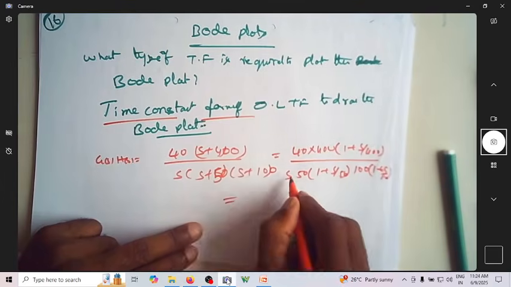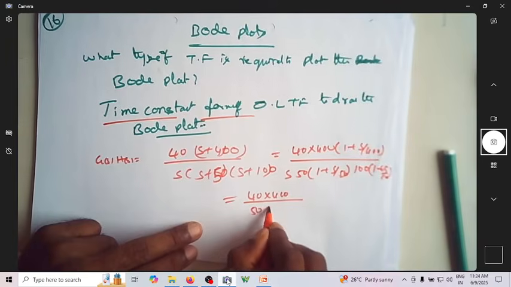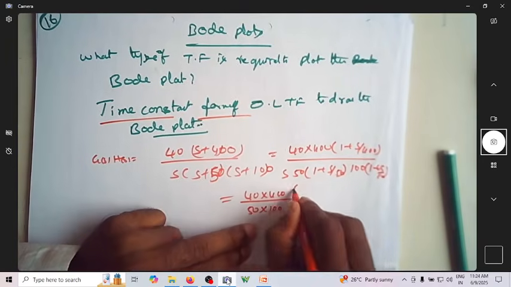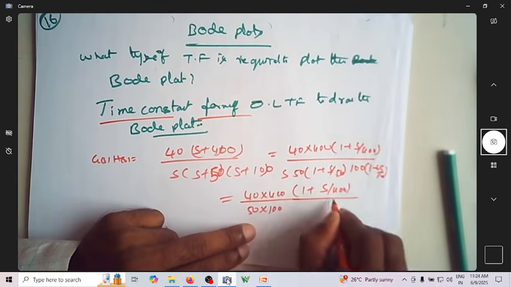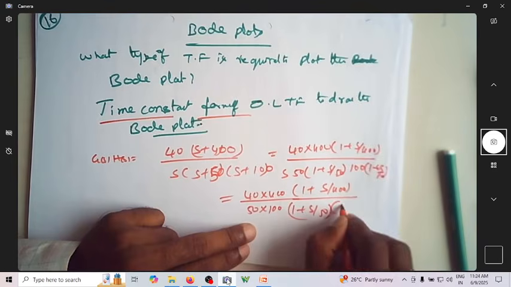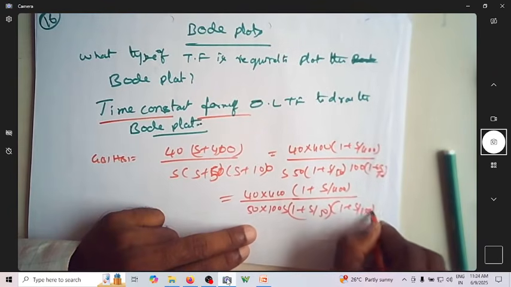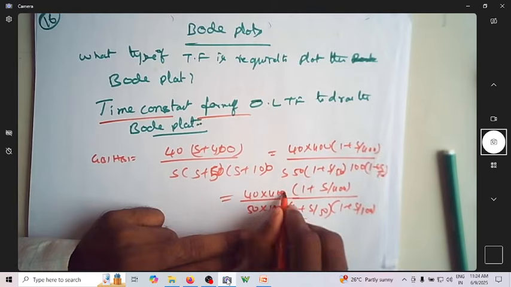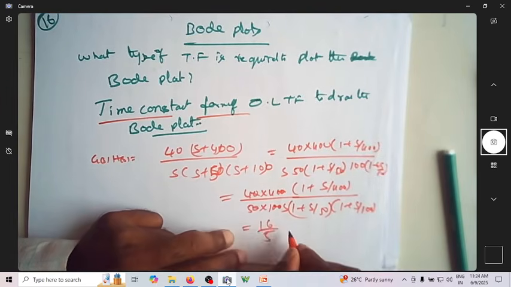So now you have 40 into 400 divided by 50 into 100, times (1 plus s by 400) divided by s (1 plus s by 50) and (1 plus s by 100). This constant is now 16 by 5.